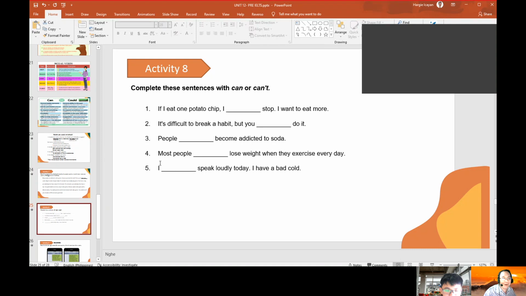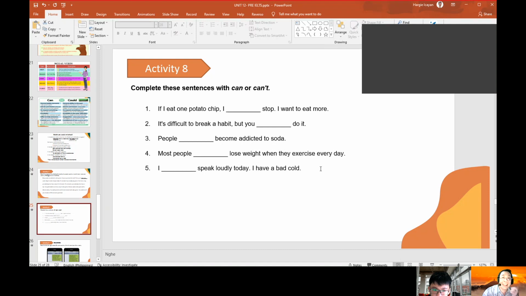Next, number 4. Most people can't lose weight when they exercise every day. So is it can or can't? Can. They can lose weight when they exercise every day. What happens if they don't exercise every day?